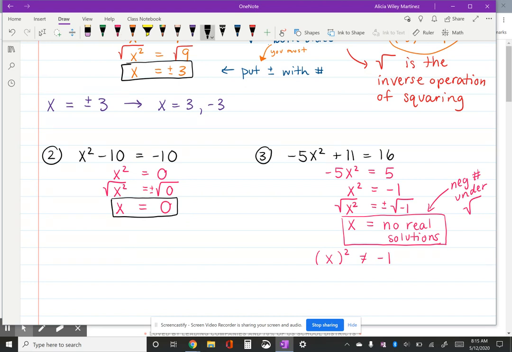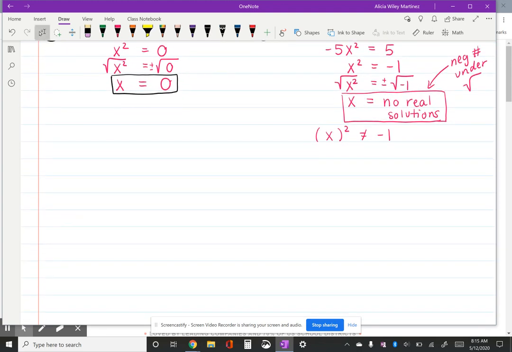So I gave you an example where you get two solutions, one solution, and no real solution. Let's look at one other type of example. Sometimes it's not just a number that's squared, but it's a binomial that is squared. So in this problem here, we have a binomial that is squared. You do not need to take that and write it out and then multiply it.